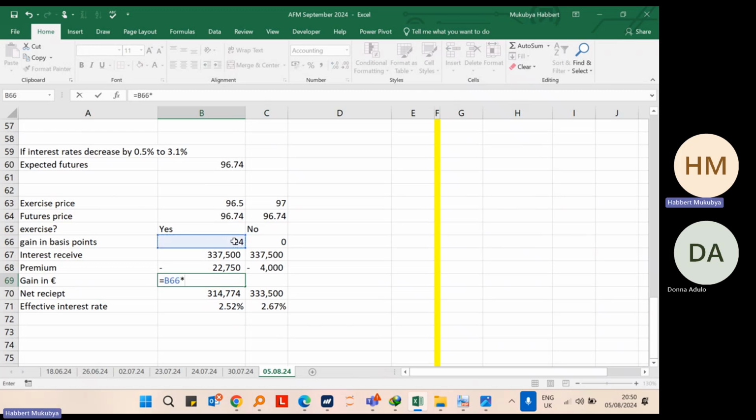We multiply by the tick value, which is 25. Multiply that one by the contracts, which is 50. That's how you get the gain in euros. So the net receipt is now going to be the sum.